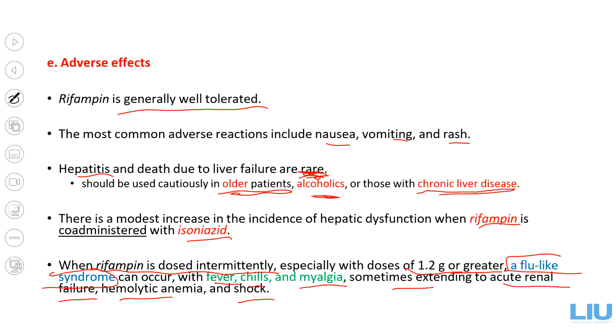Yes, that's better. And so with rifampin, that's the ideal way. You should give it more frequently, in smaller amounts. If you have to give it a large dose, and if you give them intermittently, like you space them far from each other, then you're going to develop those flu-like symptoms, and you might eventually get acute renal failure, hemolytic anemia, and shock.